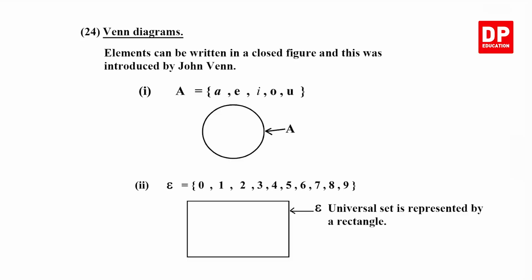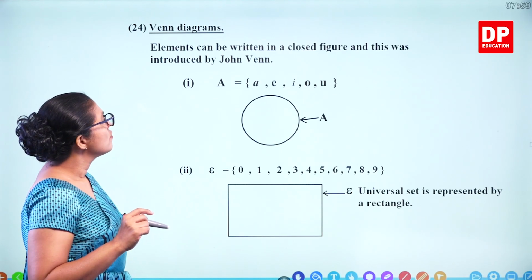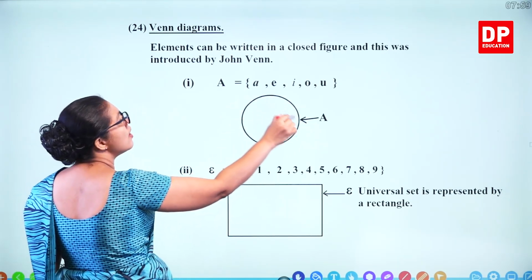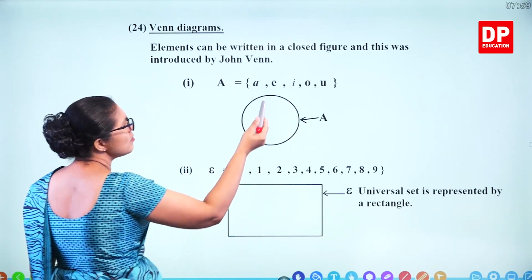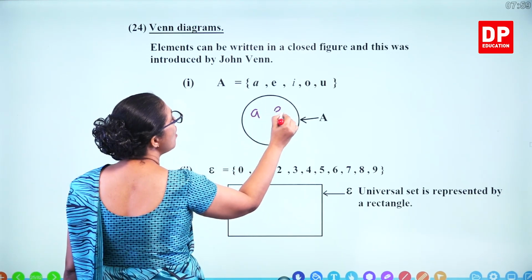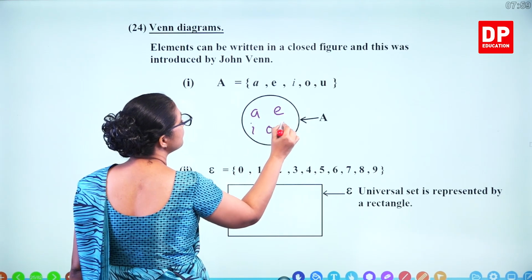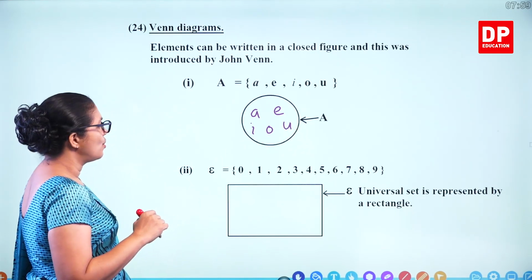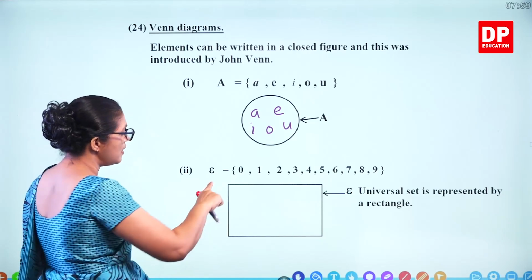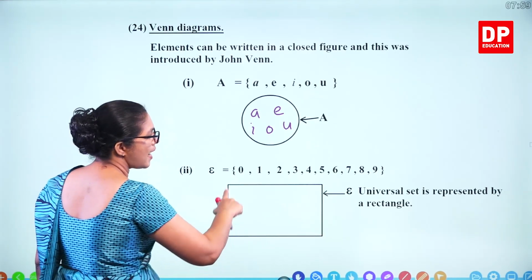Venn diagrams. Elements can be written in a closed figure, and this was introduced by the mathematician John Venn. So here, if A is a set, these are the elements. So we draw a closed figure. Normally we take circles to represent sets and put all the elements inside: A, E, I, O, U. And the universal set epsilon we denote with a rectangle.